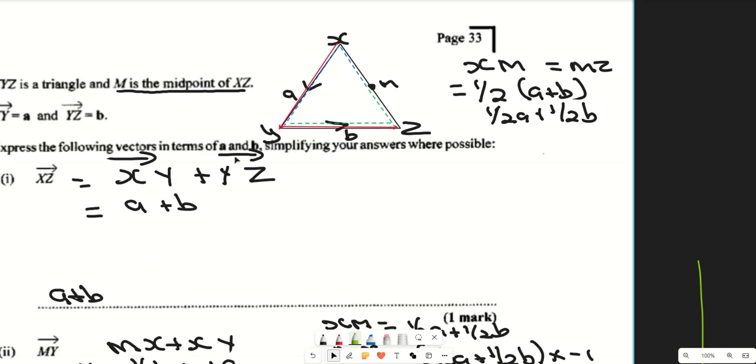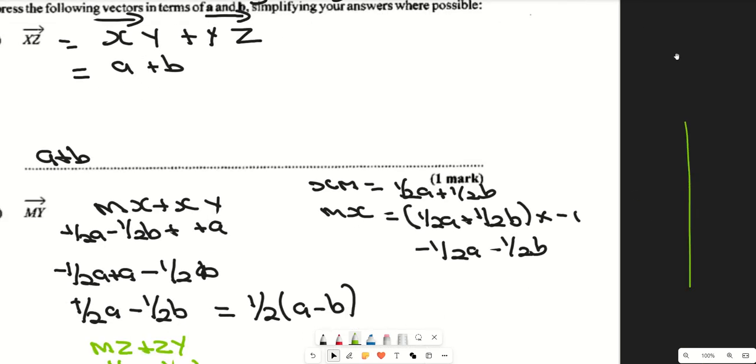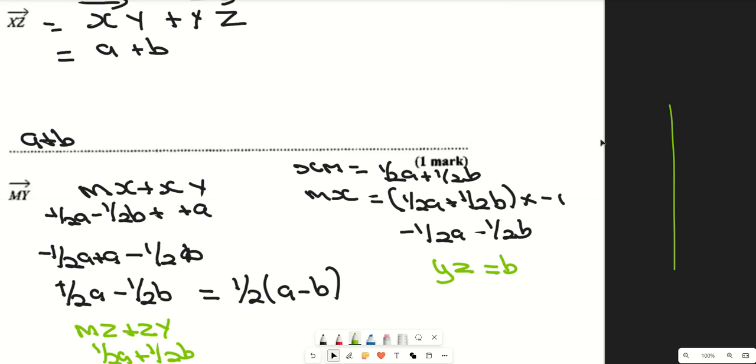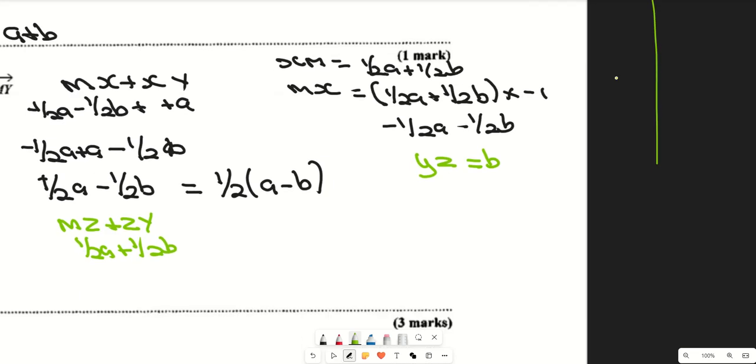We know YZ is equal to B, but we don't want YZ, we want ZY, which is going in the opposite direction, so you simply multiply the B by -1. So that's negative B. So that would be a half A plus a half B minus B. A half B minus B is equal to minus a half B.